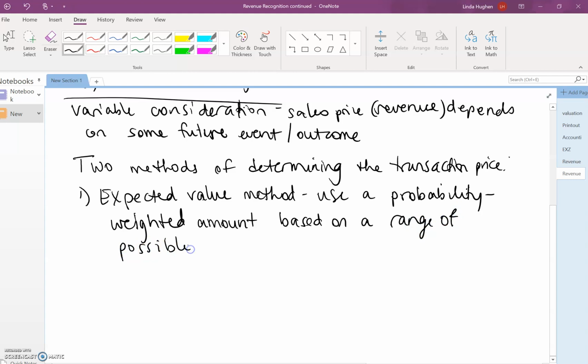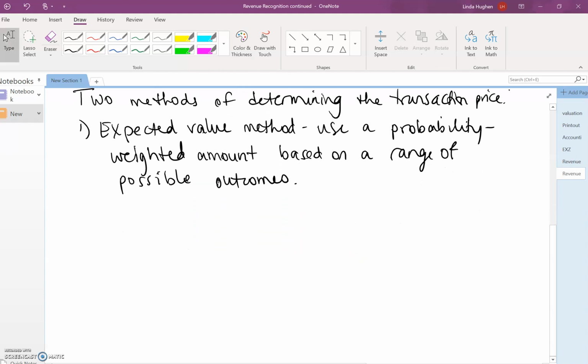This is the method that we use when we're not exactly sure what's going to happen, but there are several different outcomes that are possible, and we assign probabilities to each one of those different outcomes. Multiply each amount times its expected probability, add up all the different possibilities, and then that's going to become our transaction price.